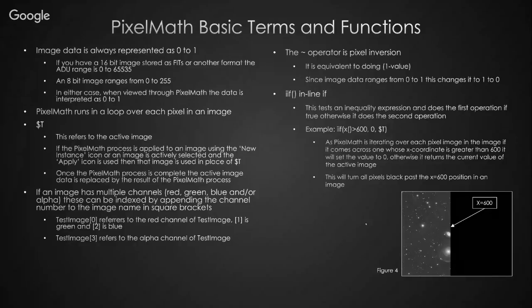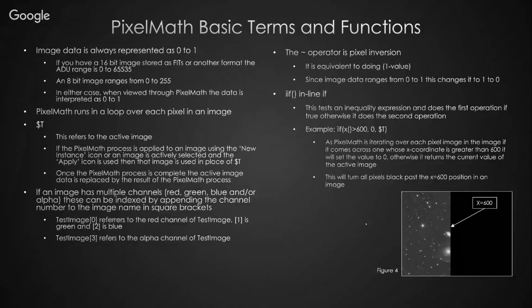Sometimes you'll see in PixelMath expressions $T. This is the active image. So instead of typing in something1 for the image that this process is going to be applied to, I can put in $T.